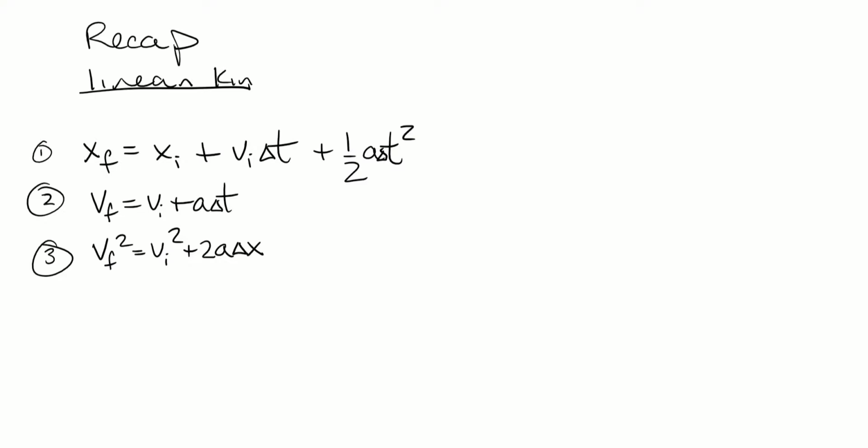The last video or so, we looked at rotational kinematics, or angular kinematics, where we had these three equations, and they kind of mapped one to one, right? We had three equations that were very identical in form, really, and they were these.